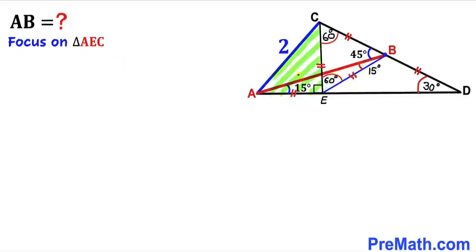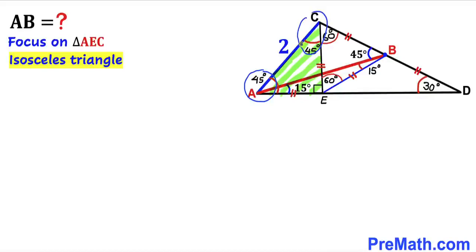Let's focus on this right triangle AEC. And we can see that this is an isosceles triangle since this side length equals this side length. So therefore we conclude that this angle EAC is going to be 45 degrees and this angle ECA is going to be 45 degrees as well.